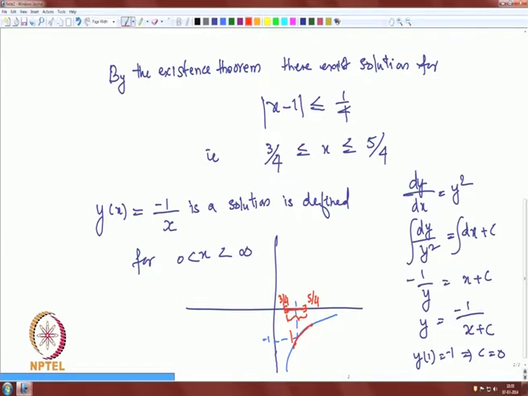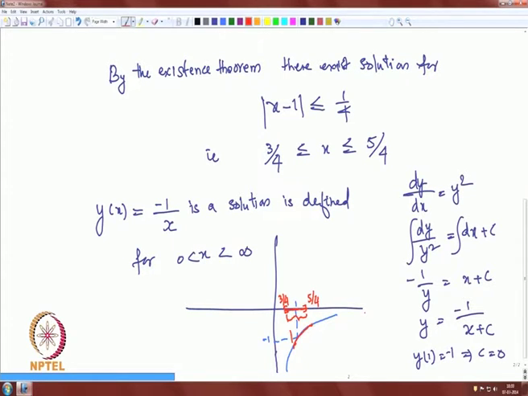So the natural question is, can we continue the solution? The existence theorem guarantees that there is a solution in the interval 3 by 4, 5 by 4. Can we extend the solution to the right and also to the left to get a solution in a larger interval? We want to continue the solution of the initial value problem to the right and to the left.